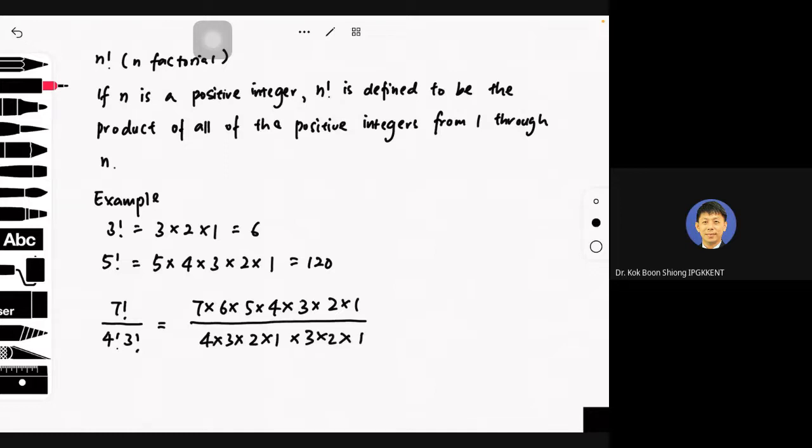By cancelling off, finally the answer is 7 times 5, which is 35. So this is factorial.